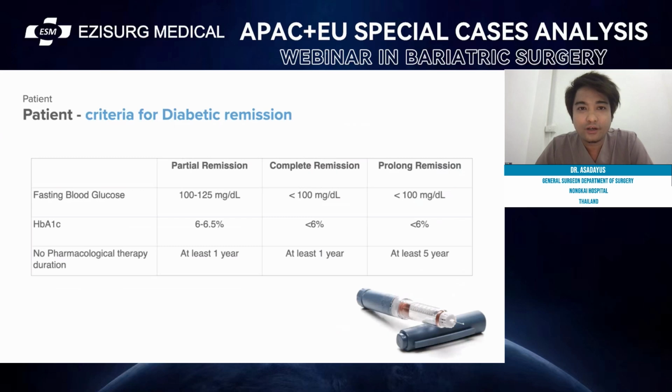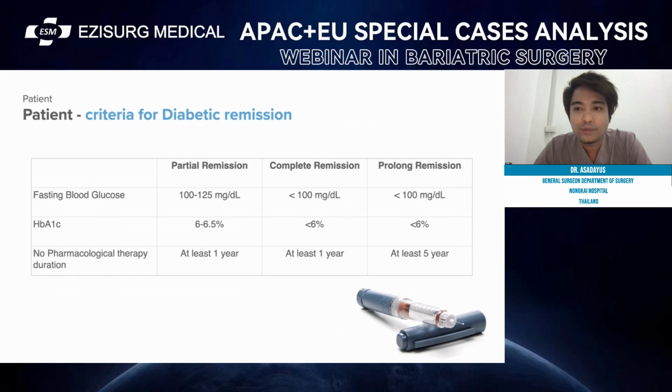The criteria for diabetic remission, the first one is fasting blood glucose. Partial remission after surgery is a fasting blood glucose of 100 to 125 milligram per deciliter, and complete remission is less than 100 milligram per deciliter.